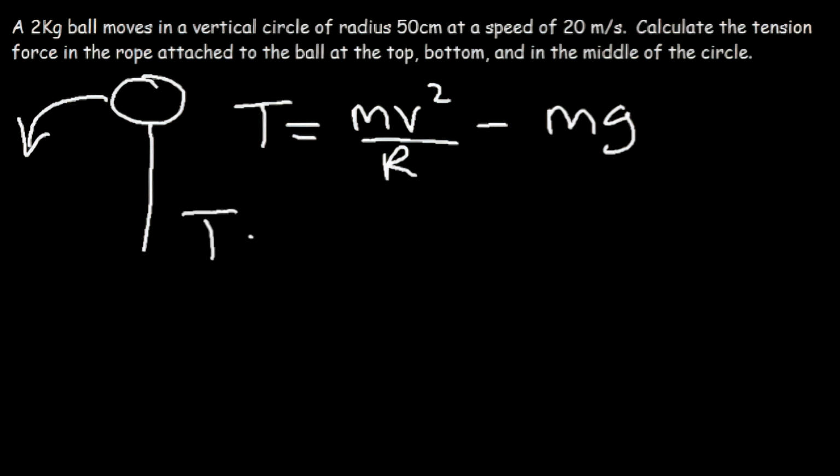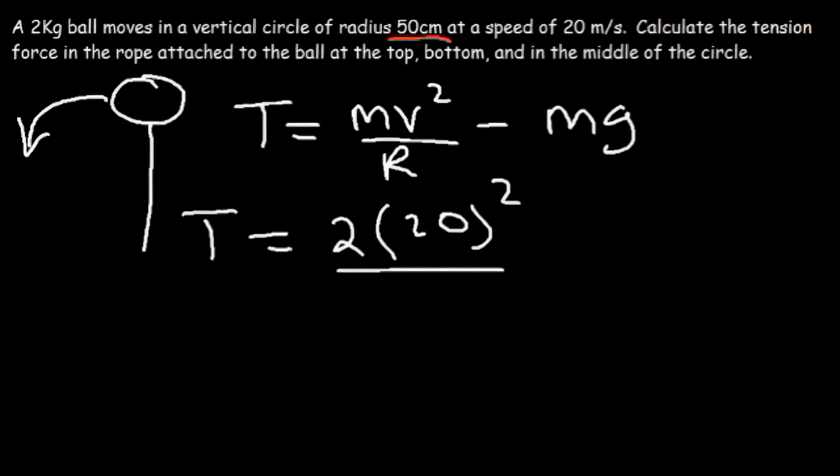So now that we have the equation, we just simply have to plug in the numbers. The mass is 2 kilograms, the speed is 20 meters per second, and the radius is in centimeters, but we need to convert that to meters. There's 100 centimeters in 1 meter, so simply divide 50 by 100, and you should get 0.5 meters.